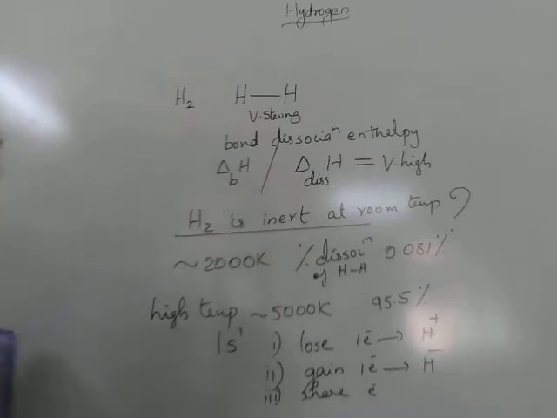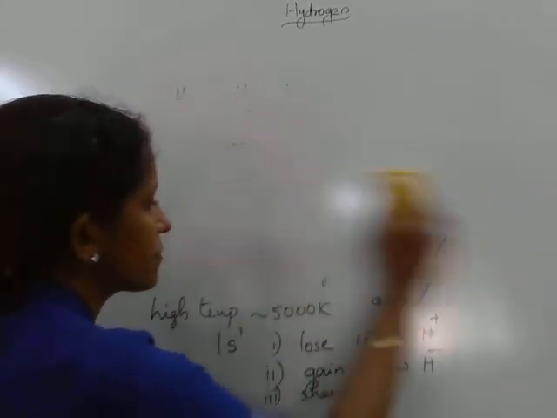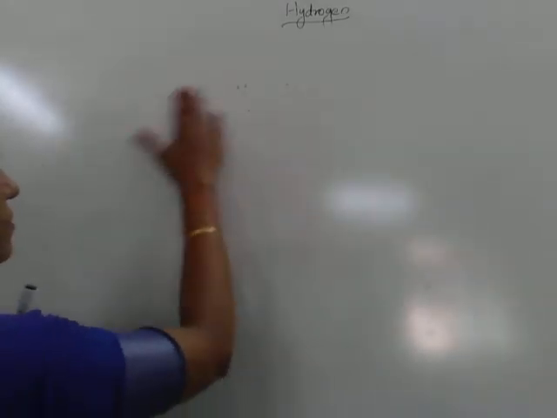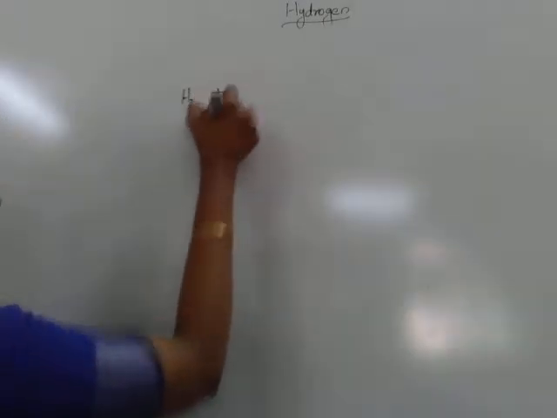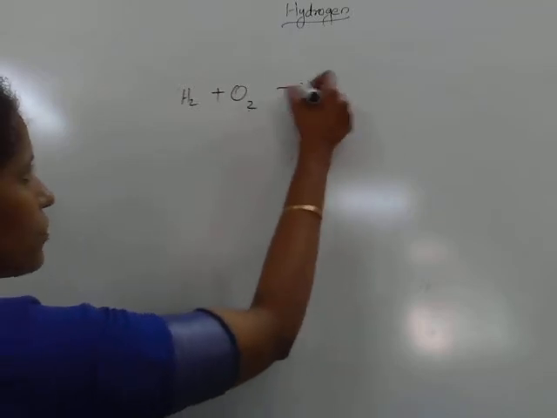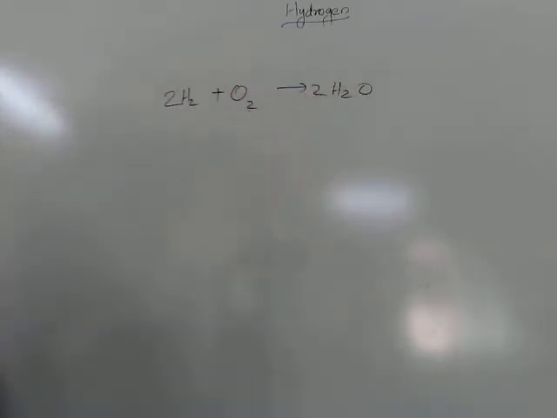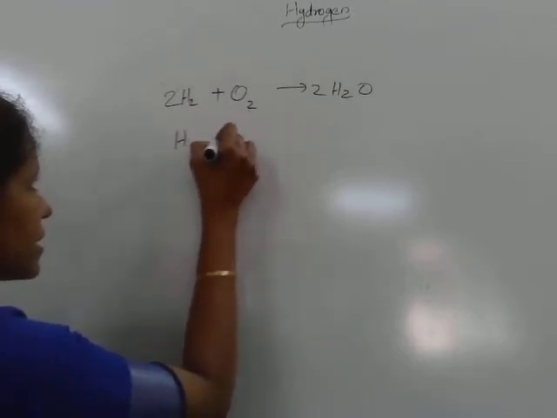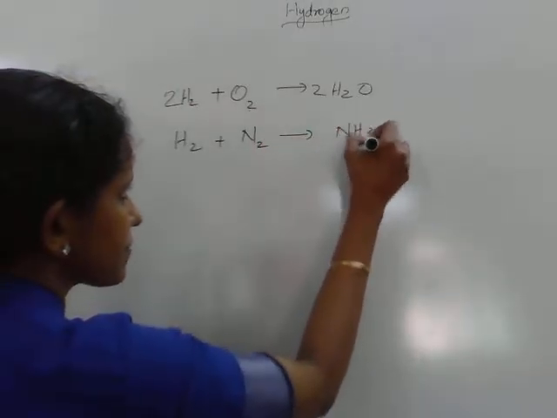Let us see the different reactions of dihydrogen. Dihydrogen reacts with oxygen and forms H2O, water. Dihydrogen reacts with nitrogen and forms ammonia.